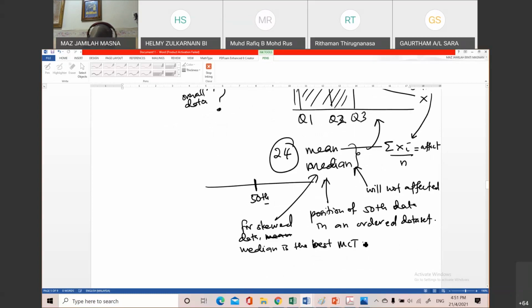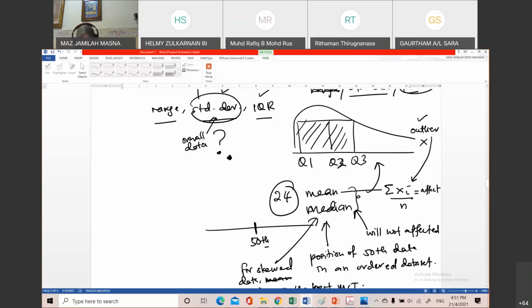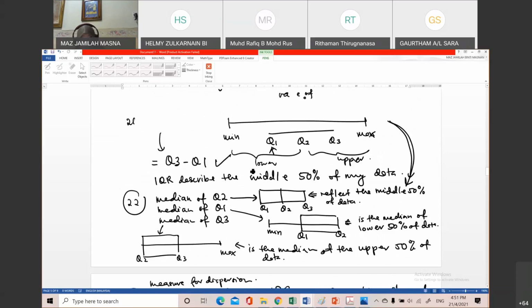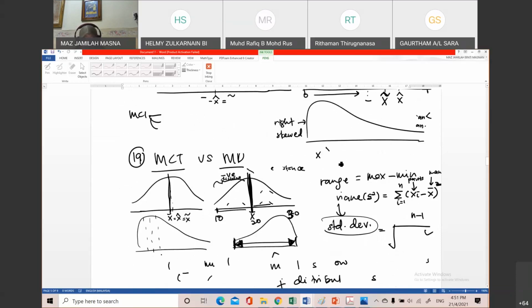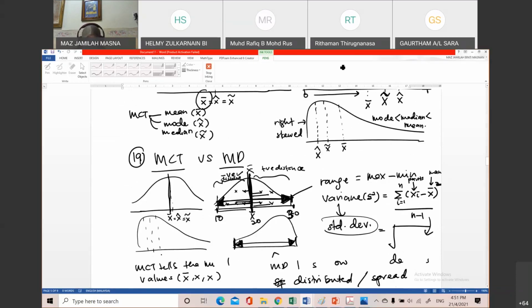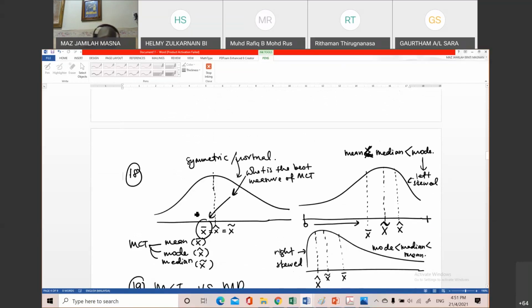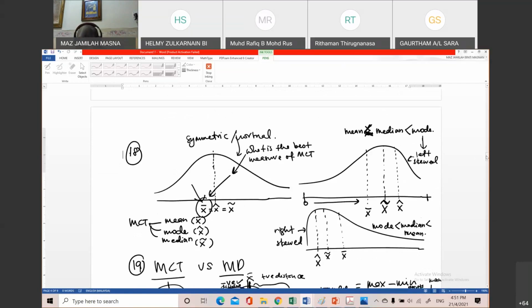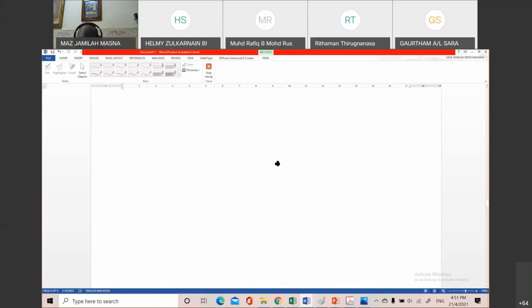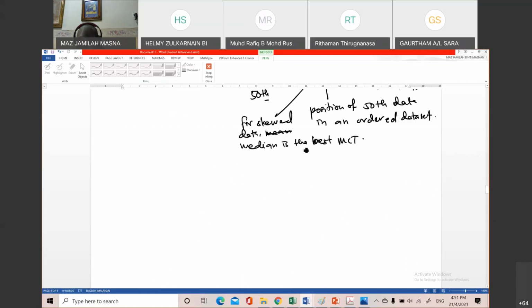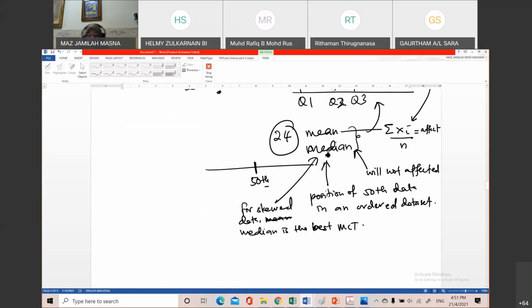And for a symmetric data set, the mean will be the best. Okay, so those are among the conclusions that you can keep in your mind, so that next time you can understand the difference between those measures of central tendency and dispersion.